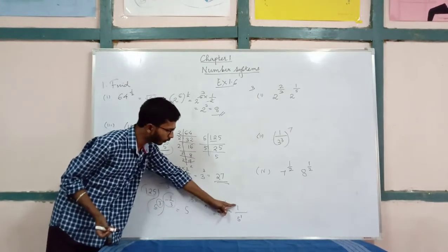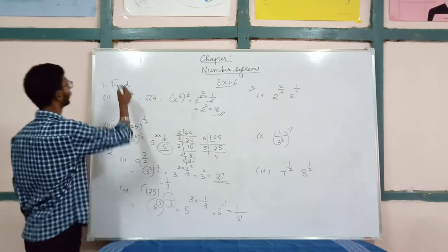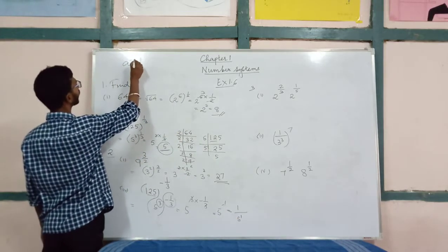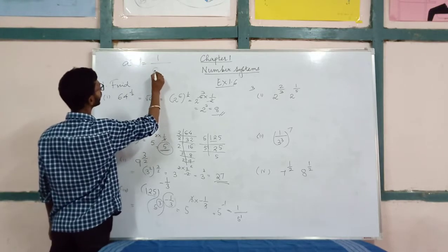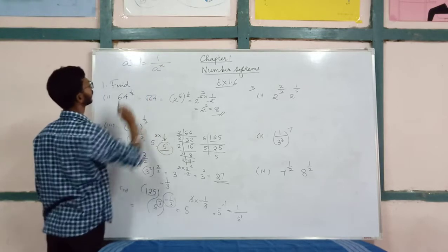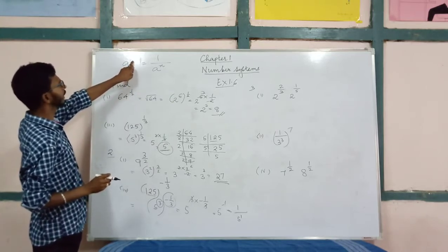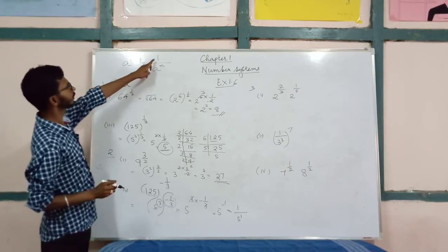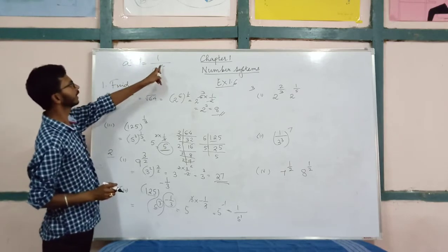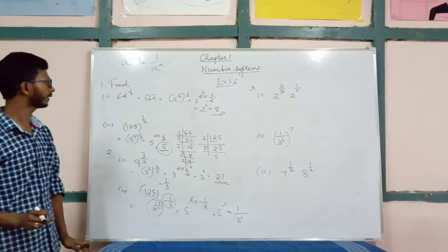We have learned this formula: a to the power minus m is equal to 1 by a to the power m. So when the power is negative, to change from negative to positive we have to take the inverse. So 1 by a to the power m. Got it, students? Let us see some more problems.